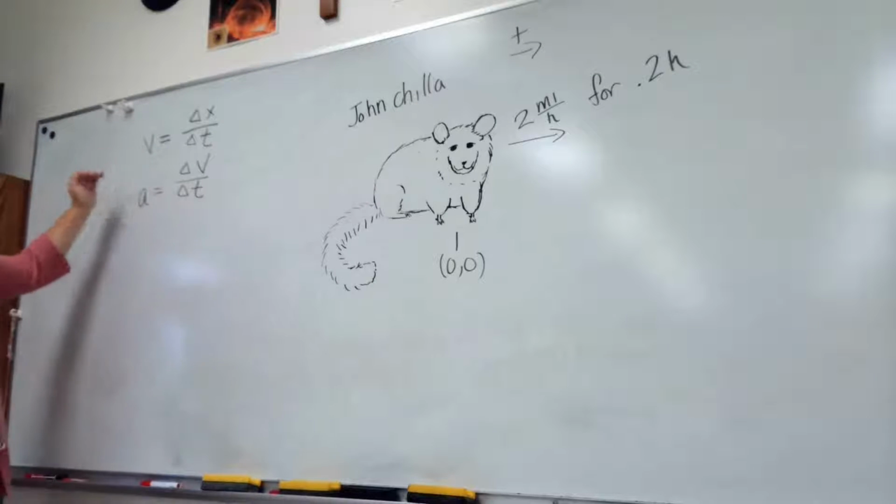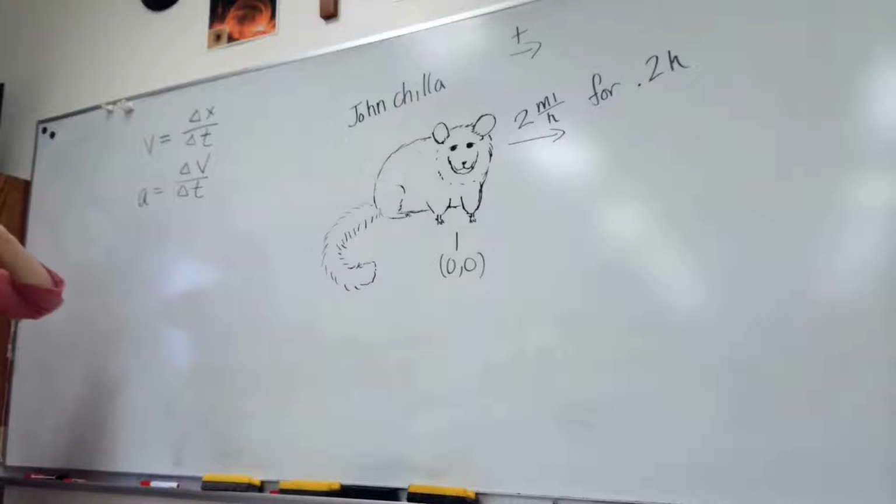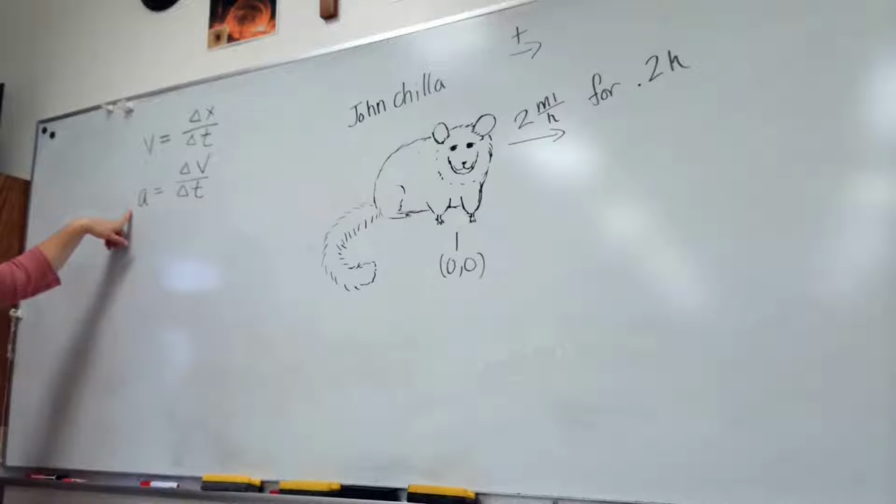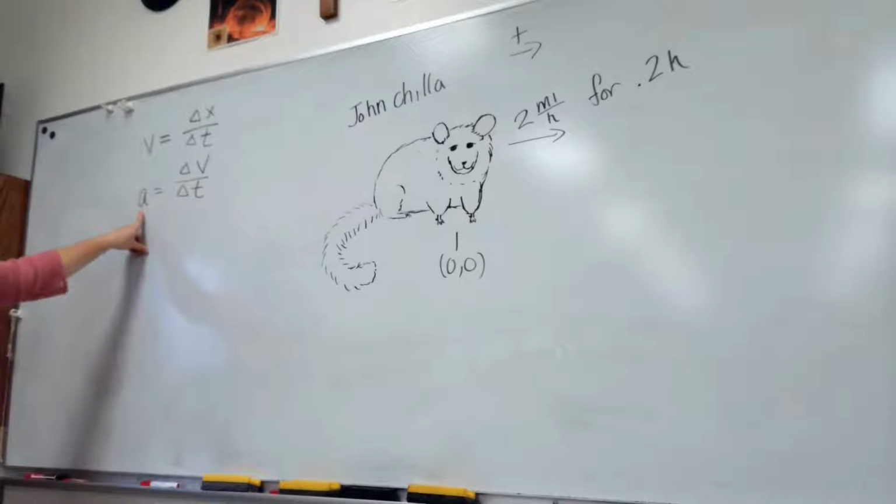Are there either of these two equations over here that have those three variables in them? So we're looking for velocity, time, and position. There's one of these that has them in it. Which one? Yeah? The acceleration. So does this one have position in it? No, it doesn't. Okay.